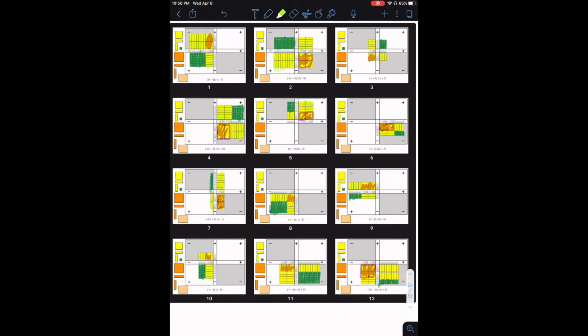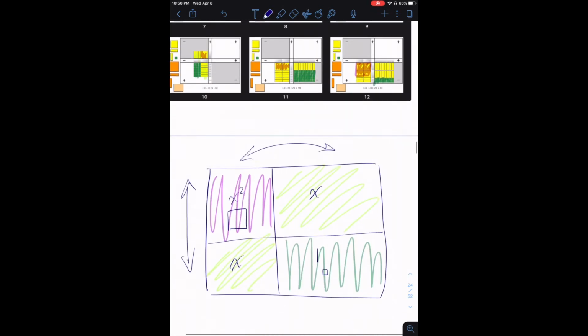Now, where are the vertical rods compared to the x squareds? Do you see that they're always either to the left or the right? So they're to the side of them. So if this is our x squared in the top left, then the verticals will be to the side of it, left or right. And the horizontals will be to the top or the bottom.